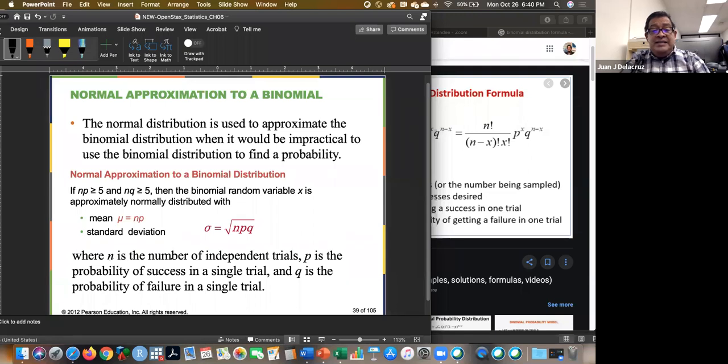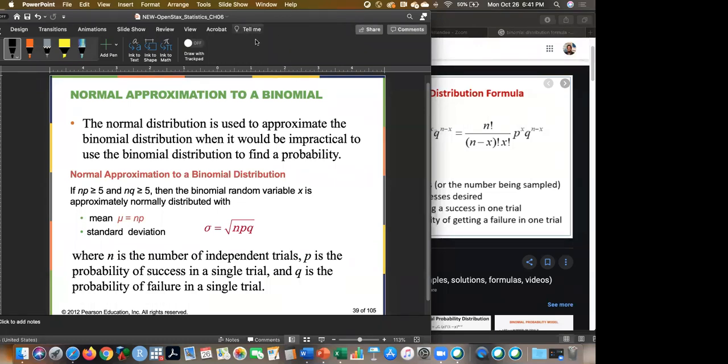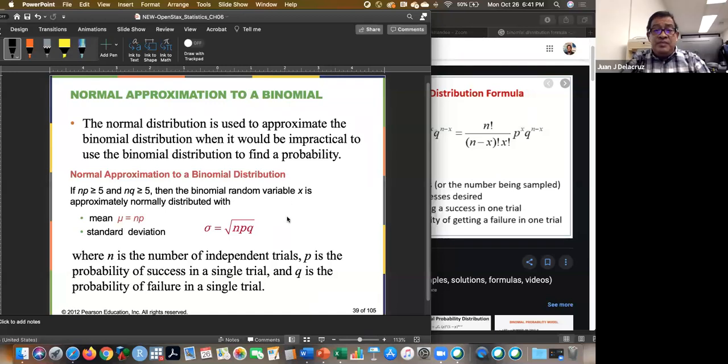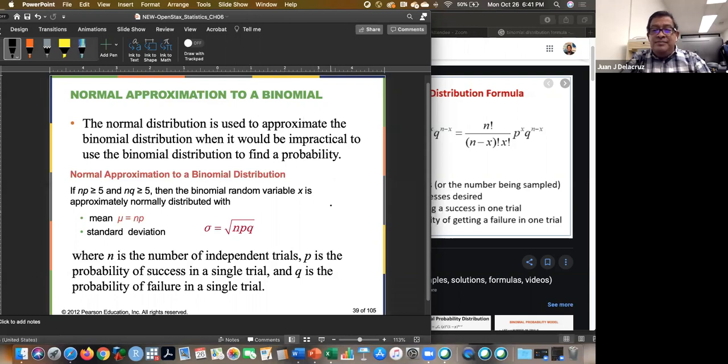Here, N is the number of independent trials, P is the probability of success in a single trial, and Q is the probability of failure in a single trial. That sounds very simple. You have mu, you have sigma, and all you need is a random variable, so you can compute your normal distribution, use the z-score, and know the area under the curve.